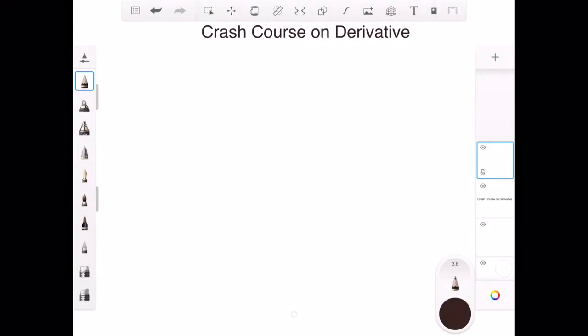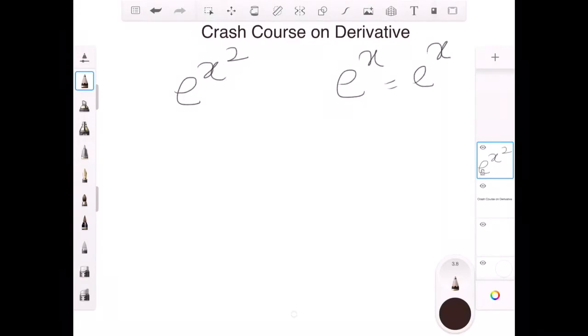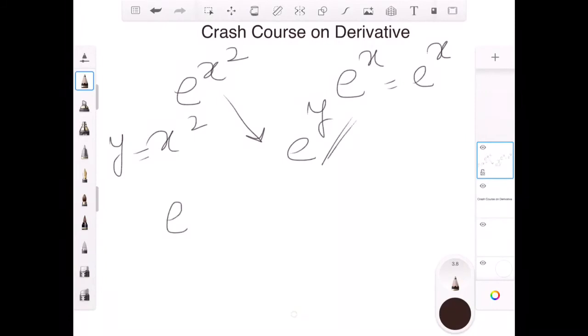For example, what is the derivative of e to the power x square? Remember, the derivative of e to the power x is nothing but e to the power x. If I consider y equal to x square, then this expression can be written as e to the power y. My chain rule says first take the derivative of this one, so it will become the derivative of e to the power y times the derivative of y.